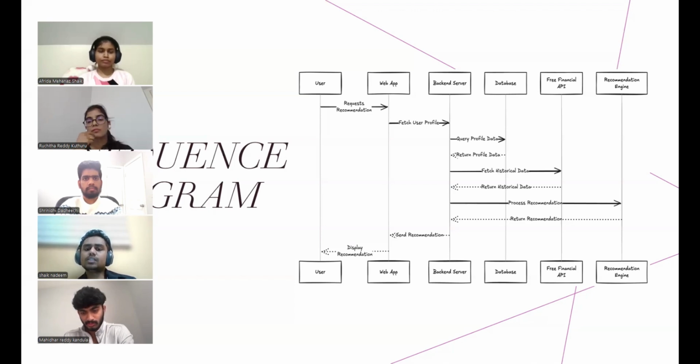The recommendation generated by the recommendation engine is returned to the backend server as a response, and the response is sent to the web application and displayed to the user.